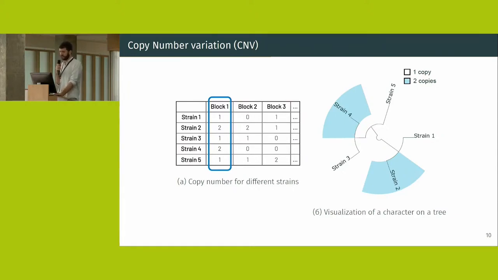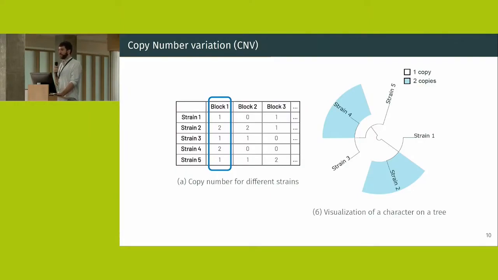Here, for example, strains 1, 3, and 5 are colored white because they have just one copy of block 1, and strains 2 and 4 have two copies, so they are colored blue. And again, we check all these patterns for being parallel.